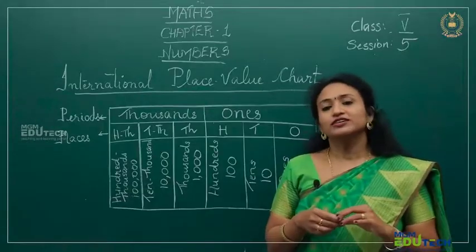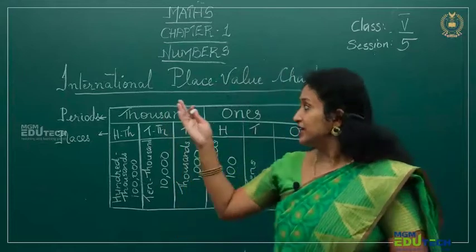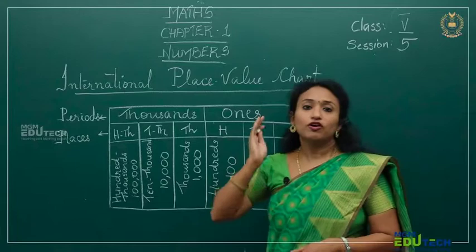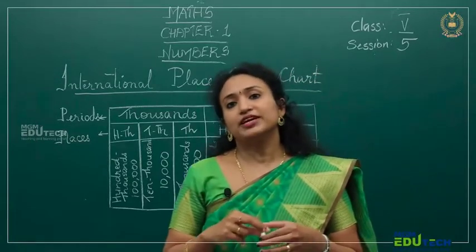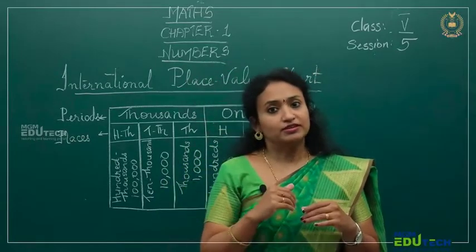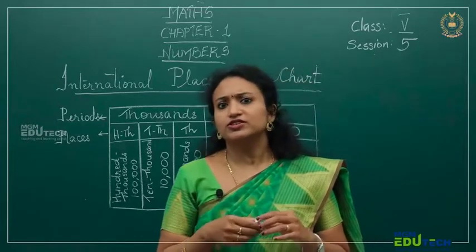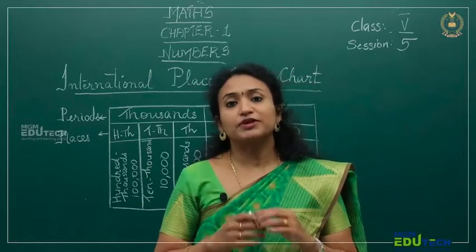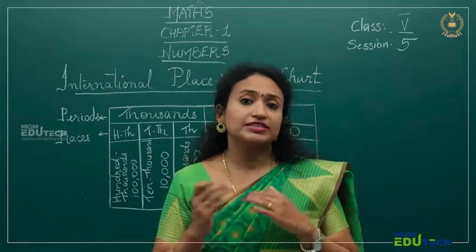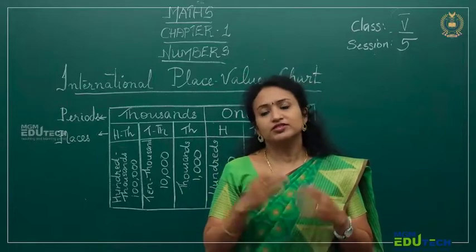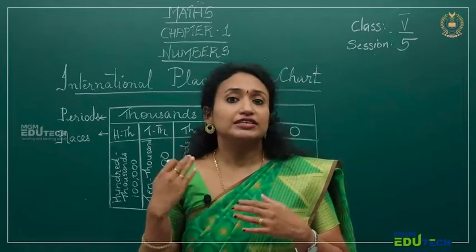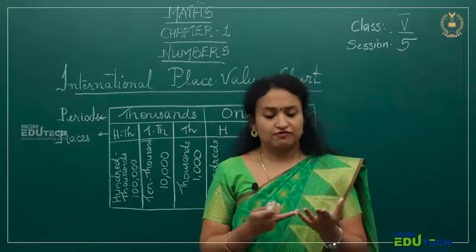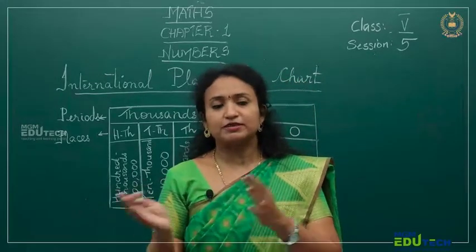Okay. So, here let us start with the international place value chart. You are all familiar with the Indian place value chart. Remember, I think that was our first session or the second session. So, what are the different places that you saw in our Indian place value chart? Can anybody tell me? Just recollect what you learnt. What were the places first?